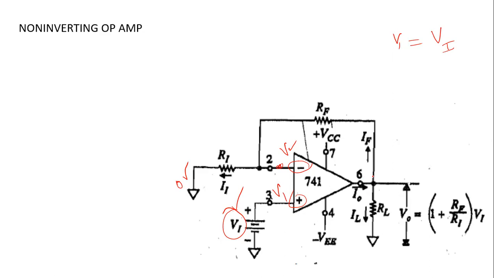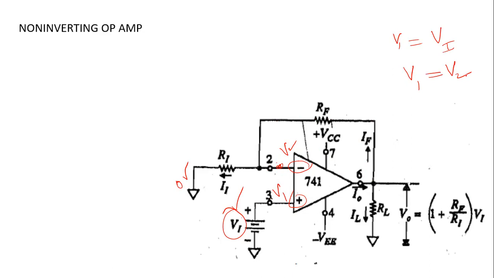And due to the reason I discussed before, with the help of this feedback resistor RF, this op-amp will eventually settle into the condition that V1 and V2 are equal. So with the help of this feedback circuit, the voltage at the two input terminals, that is pin number 2 and pin number 3, are always set to be equal.